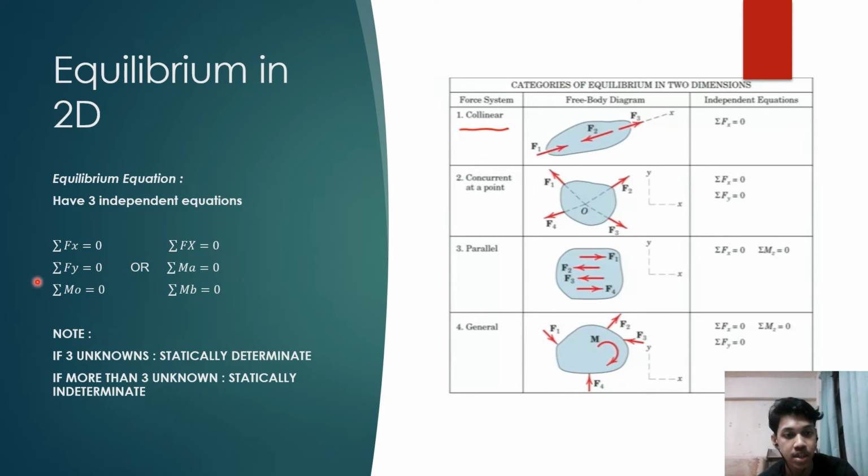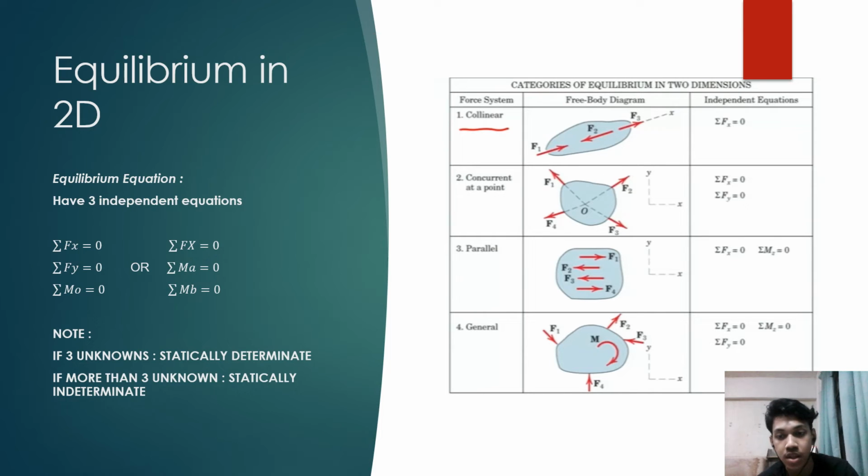This one is quite general, but there is another form, which is the summation of Fx equal to 0, the moment at A equal to 0, and the last one is the moment at B also equal to 0. Note that if we have three unknowns, it is called statically determinate. Meanwhile, if we have more than three unknowns, it is called statically indeterminate. That's all for equilibrium in 2D.